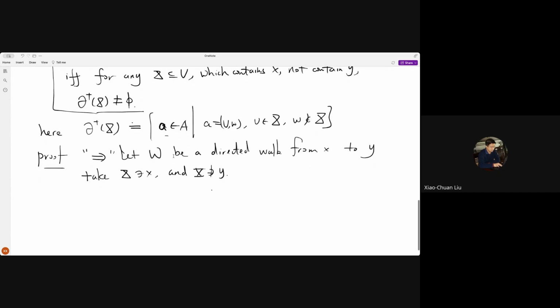And this arc is there. How to find this arc? Because this walk eventually will arrive at some vertex y not in the set.